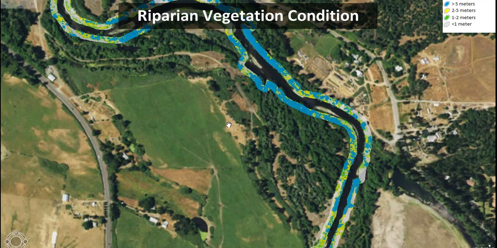And so we can get around that by doing some hand digitizing work to evaluate current vegetation conditions, using some field visits in some cases, but then also using aerial imagery to identify where vegetation currently exists and the associated condition of that vegetation. So are we seeing invasive species there or a nice riparian canopy?